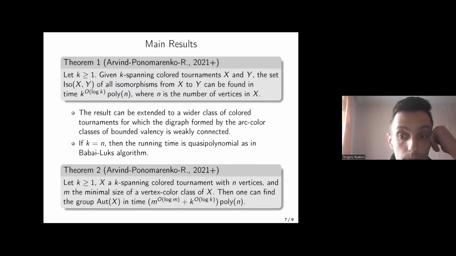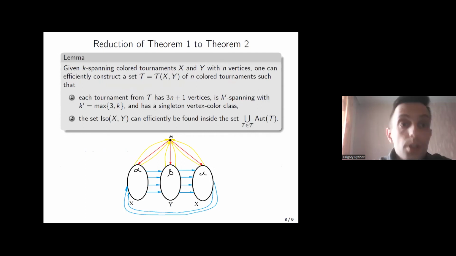So, and maybe in the remaining time, I will provide some hints how we prove our results. At first, how we deduce theorem 1 from theorem 2. We prove the following lemma and use it to deduce theorem 1 from theorem 2.